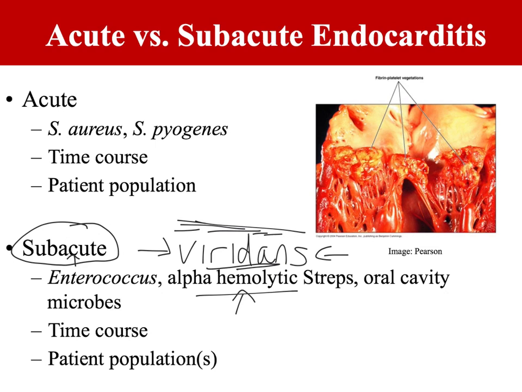The patient populations you want to watch out for here are as follows. These are patients who have underlying heart valve defects. So anything that's going to cause backflow of blood between valves. If you have small numbers of bacteria in the bloodstream, if you think about this kind of from a kinetic standpoint for a moment, if they go flying through the heart and don't have the opportunity to stop and attach to the heart valve, even though they're there, they're not going to cause you any problem.